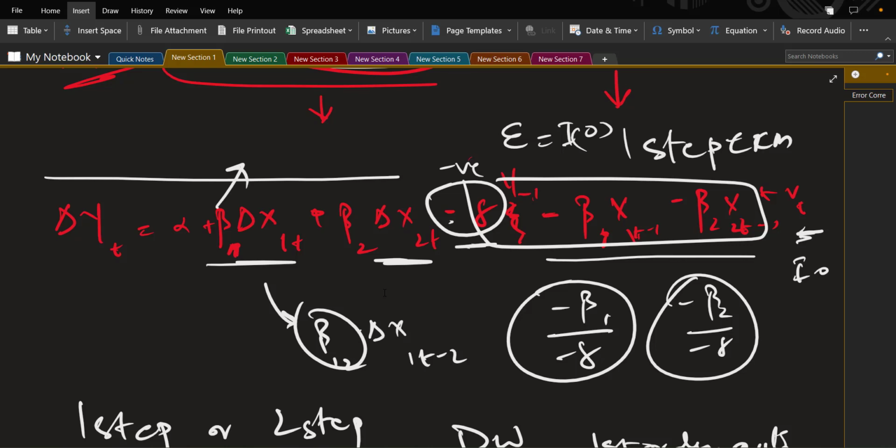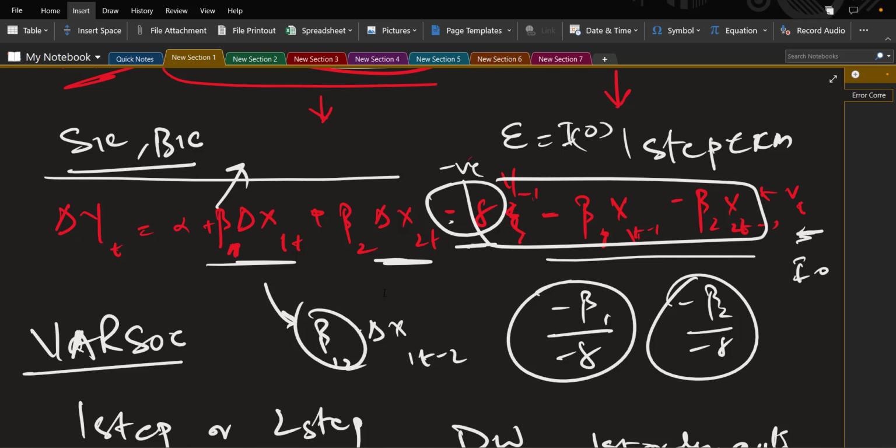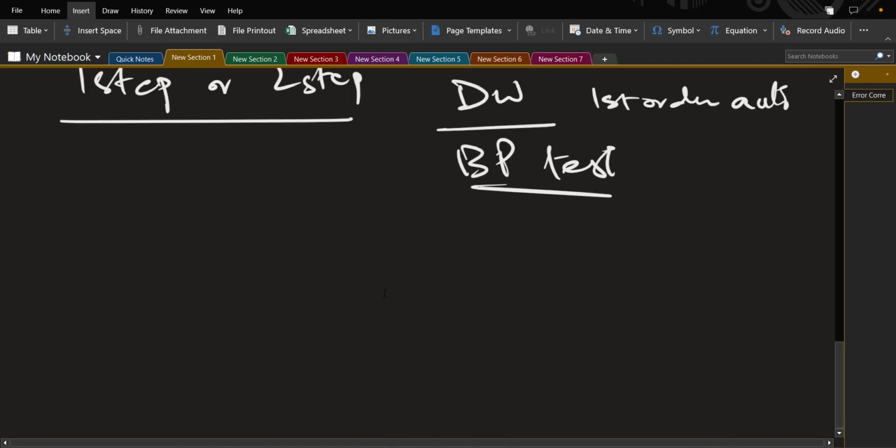Or the fastest way is to use SIC or BIC criteria, and in many software packages these tools are available to identify the lag order. In Stata there is a command like VARSOC, vector autoregression specification order criterion, that can help you to find the lag order. This will help you to absorb any autocorrelation.